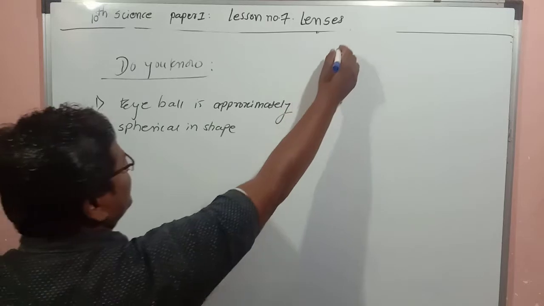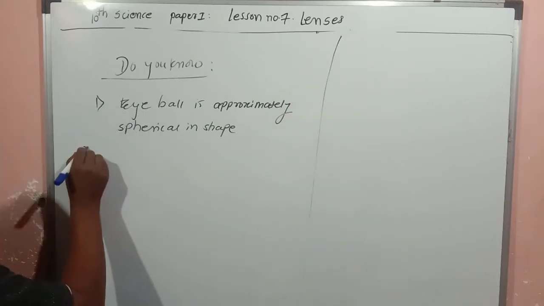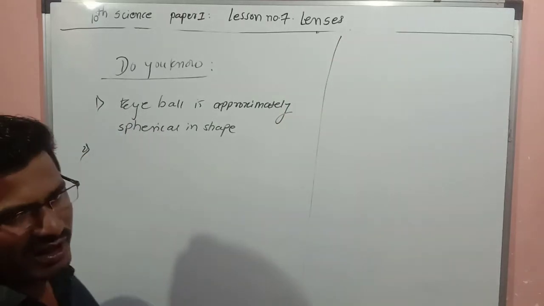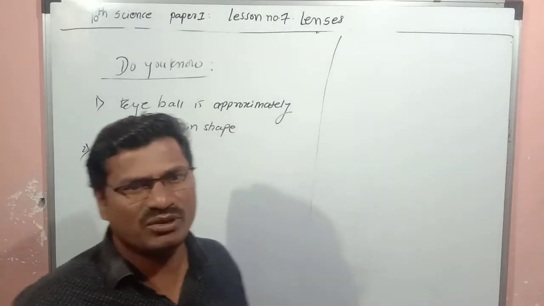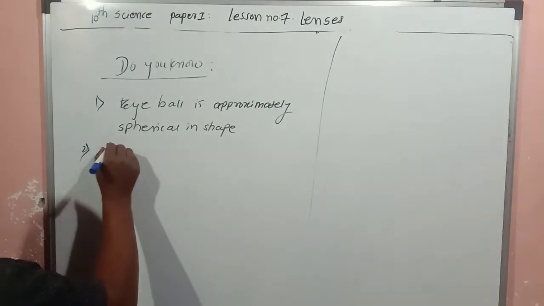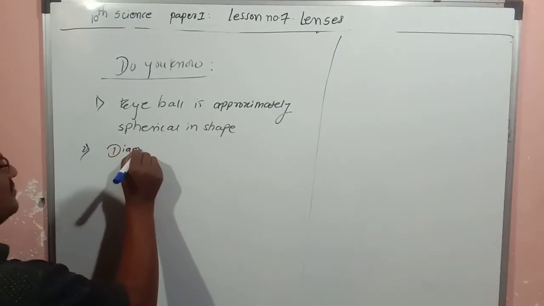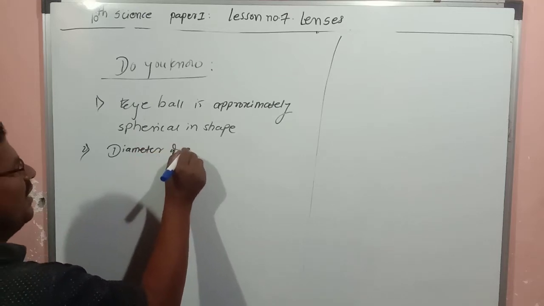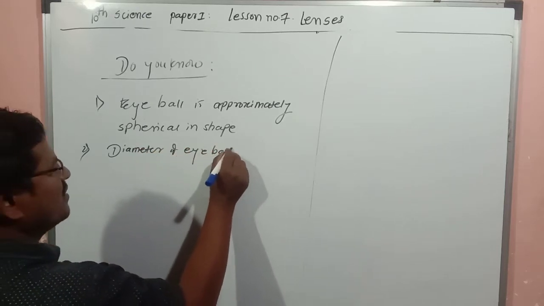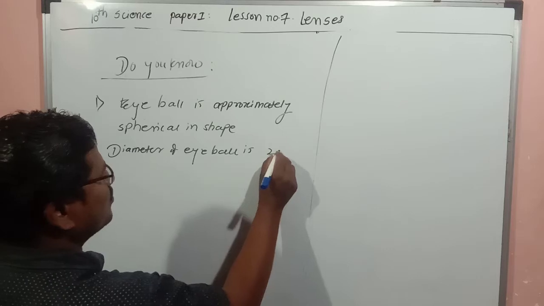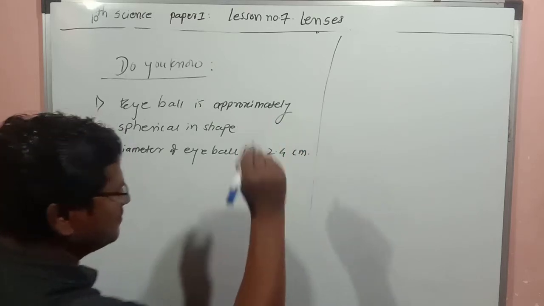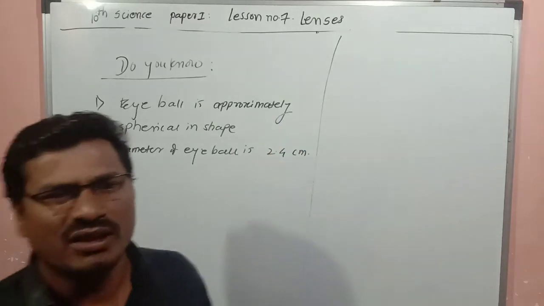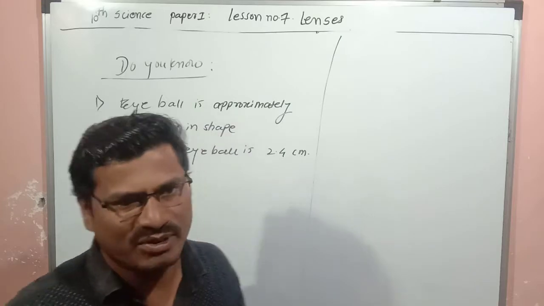The second thing is the diameter of the eyeball. The diameter of the eyeball is 2.4 centimeter.